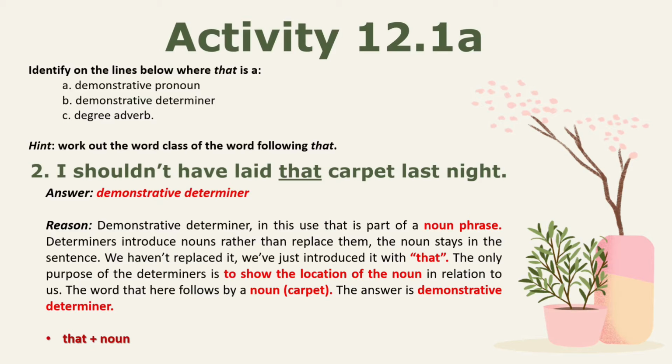We've just introduced it with the word that. The only purpose of the determiners is to show the location of the noun in relation to us. So, when we use these words as determiners, the person listening doesn't need to know which carpet we are referring to, because we tell them directly. So, the answer is demonstrative determiner.